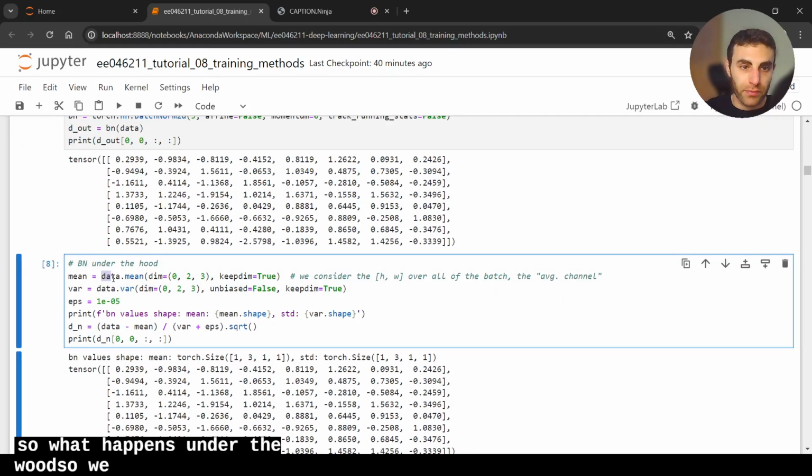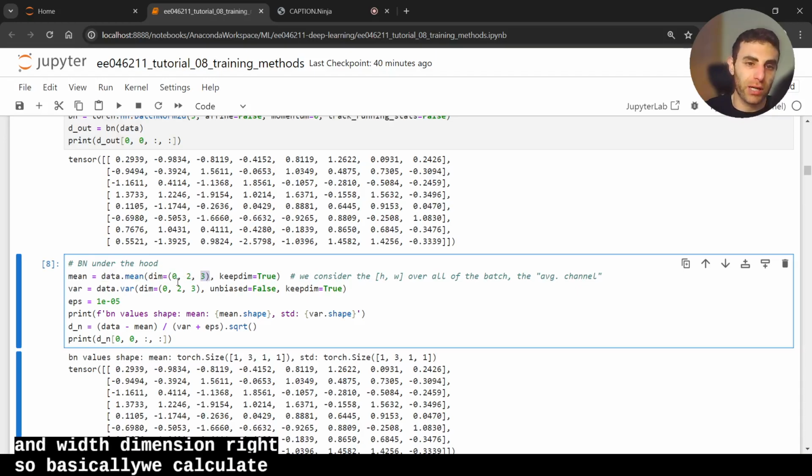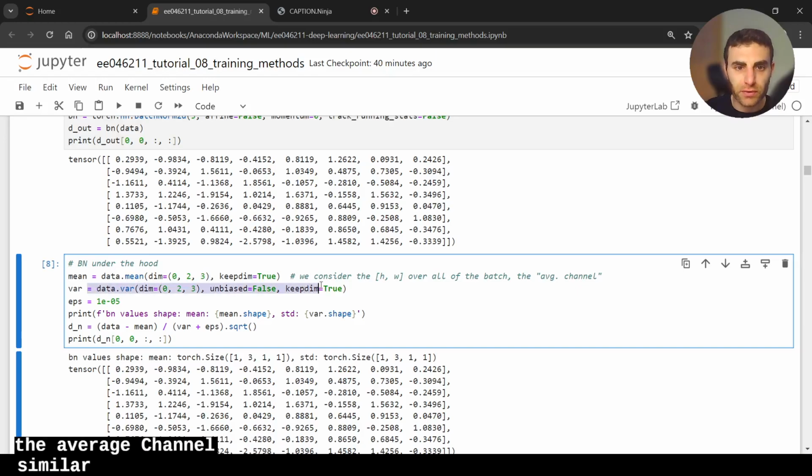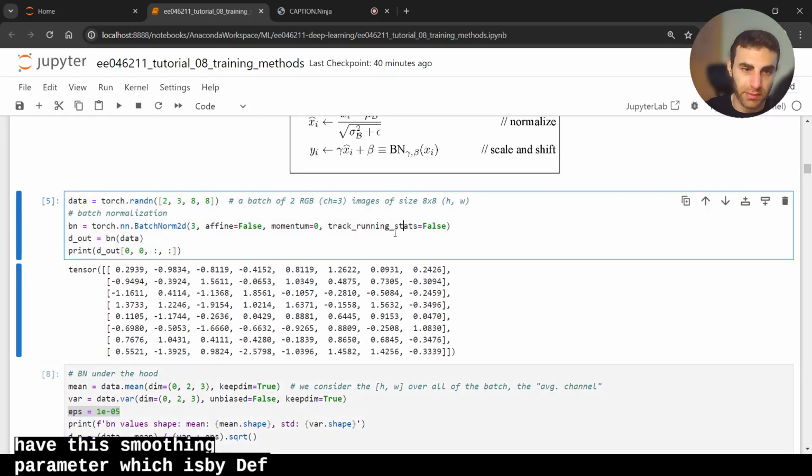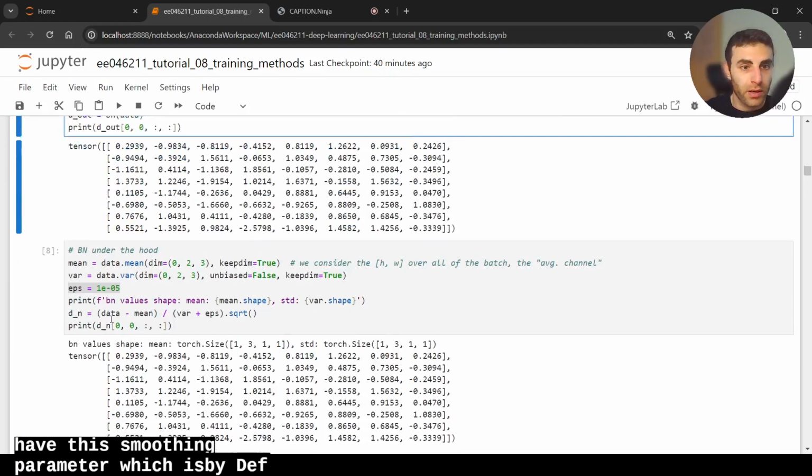So we have our data. First we need to calculate its mean and variance. The way we do this is by taking the mean over the batch dimension, height dimension, and width dimension, right? So basically we calculate the average channel. Similarly, we do this for the variance, right? And we have this smoothing parameter, which is by default 1e minus 5, similarly for batch norm 2D.